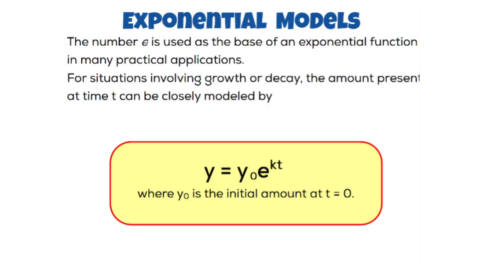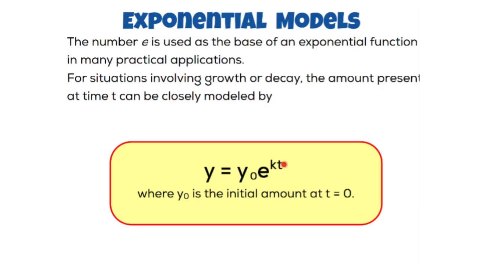It's actually kind of like PERT, to be honest, where this is the ending amount, and this Y sub 0 here, anytime you have a sub number of a 0, that is always the initial amount. So that would have been like your principal, your initial investment. Okay, but it doesn't always have to be about money. And so that's why we're using kind of a different formula. And then E is the base raised to the KT.